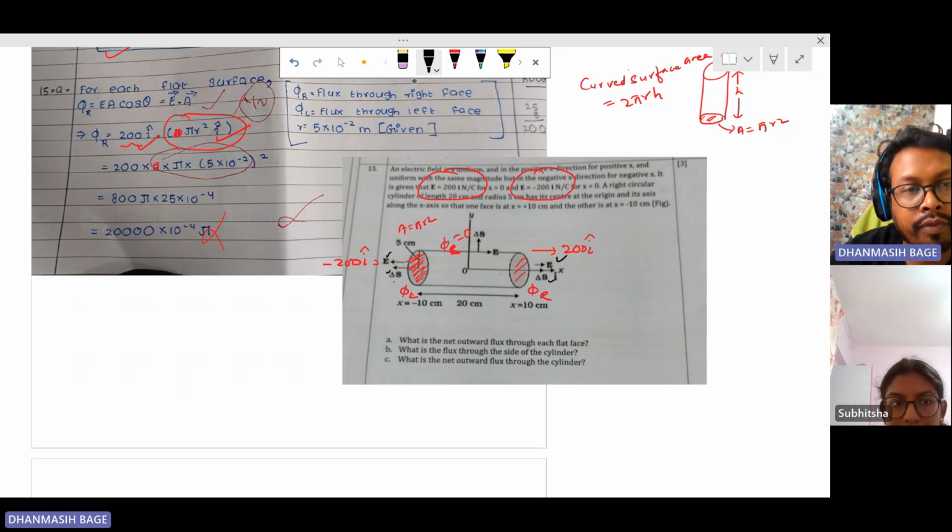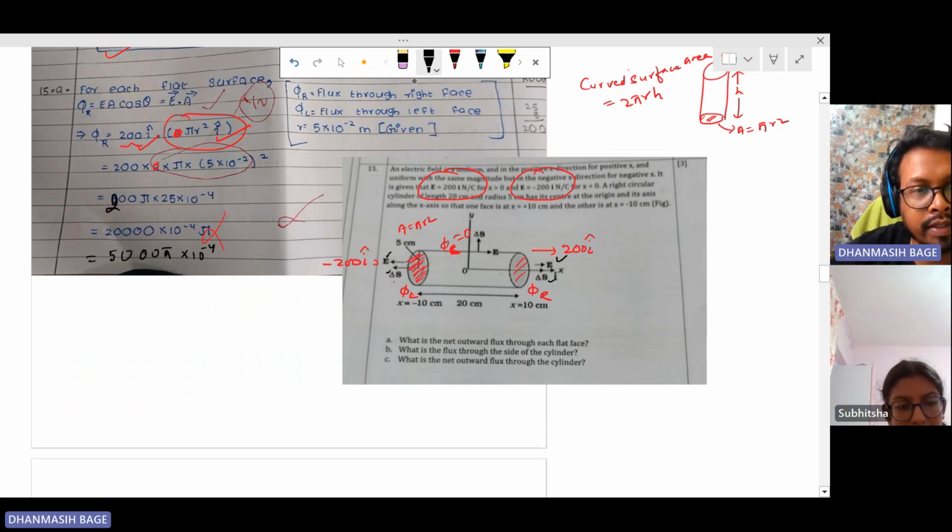Okay, no, no, no. This thing 25, this thing, right? So 4, it will just be 2. Now this will be plus 5 into 10 to the power minus 4.